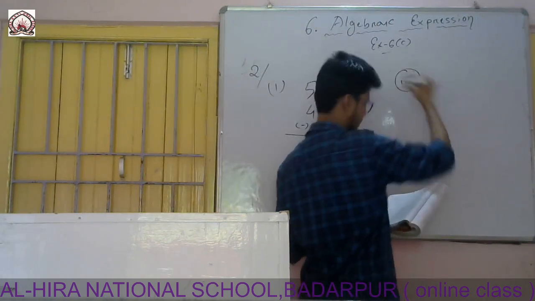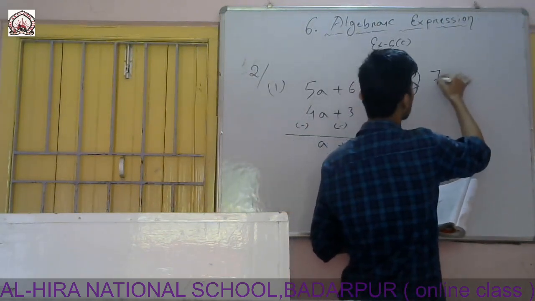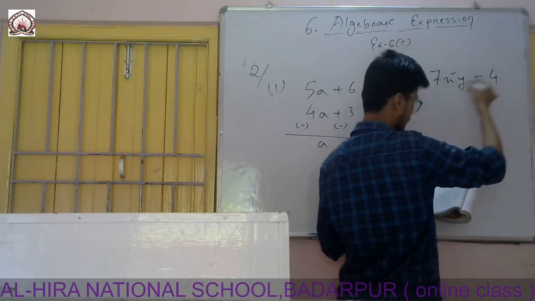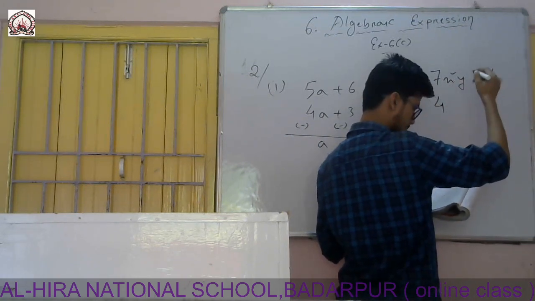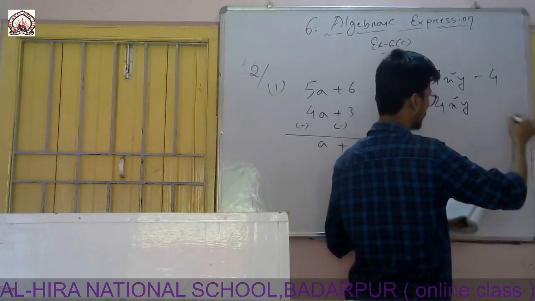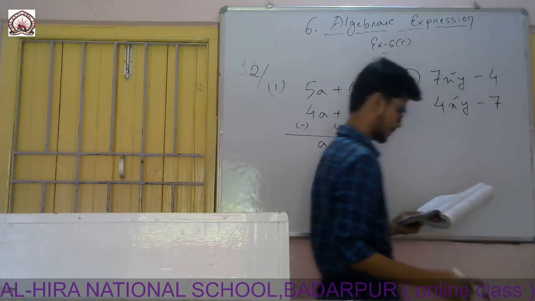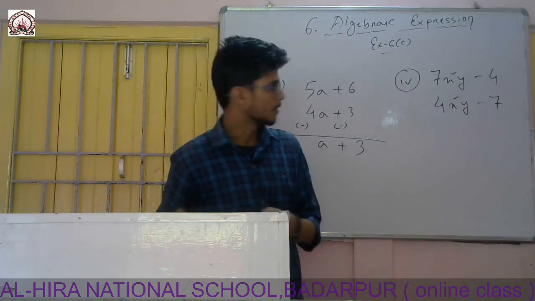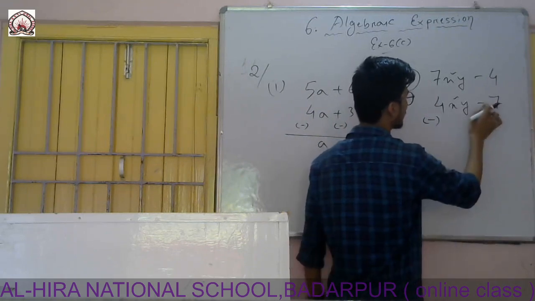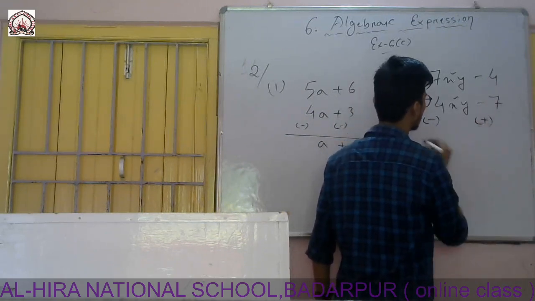Roman number 4. 7x square y minus 4, and the lower term is given as 4x square y minus 7. Okay, so first of all I will change the sign. It is plus, so it will be minus. It is minus, so I will put plus sign.